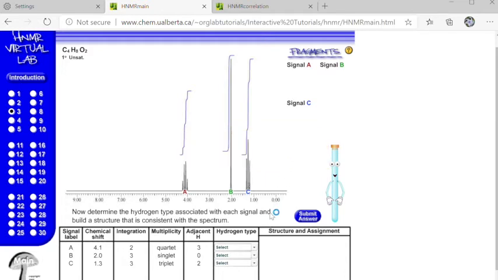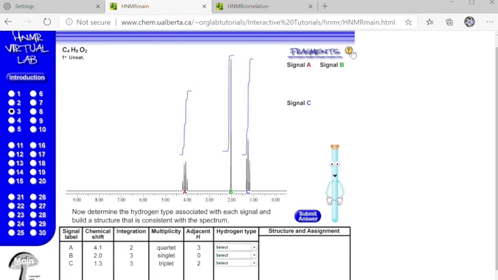Okay, let's see if we can figure this out. So we need to incorporate 2 oxygens, and we need to have a C4H8O2. And as I start to put in some ideas, the program will actually draw it up there. Unfortunately, our clue goes away once you click on it once. But you can go up here and use that little question mark up above, and it'll help you also.